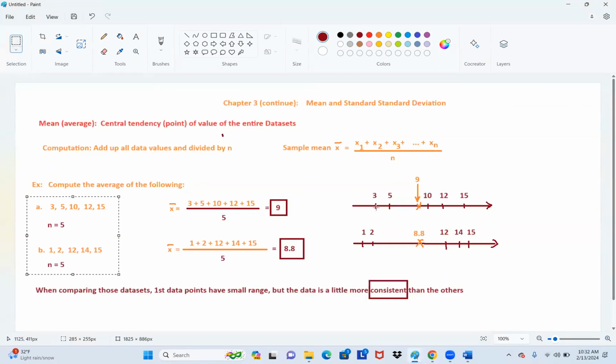It jumps from 3 to 5, from 5 to 10, 10 to 12, and 12 to 15.